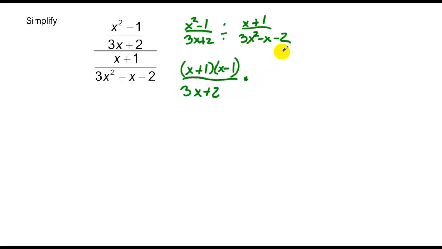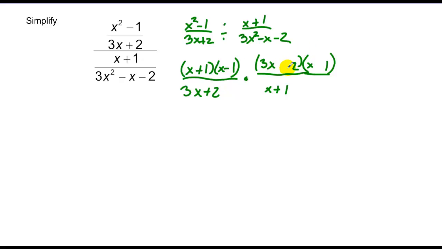I'm going to multiply by the reciprocal, so notice this x plus 1 will go to the denominator, and this term will need to be factored. I'll use a guess and check. I need a 3x and an x, and I need to get a 2, but then a 1 after I FOIL. So I'm going to put my 1 here and my 2 here.